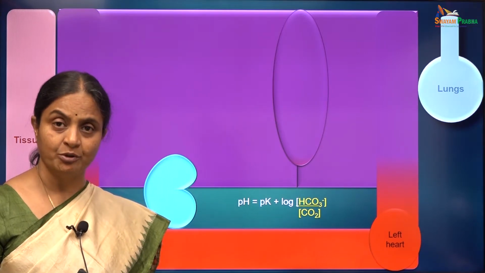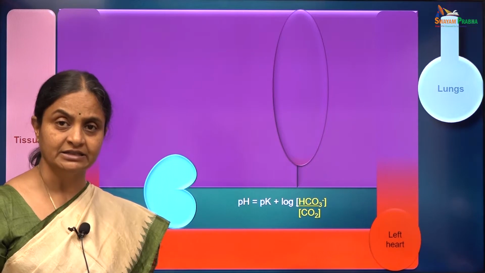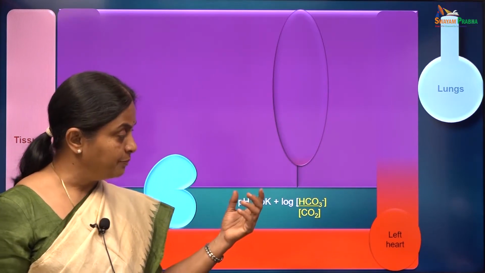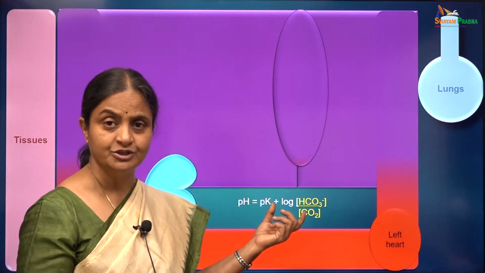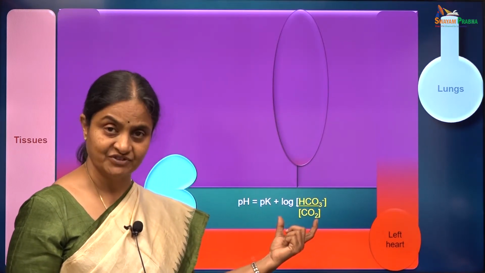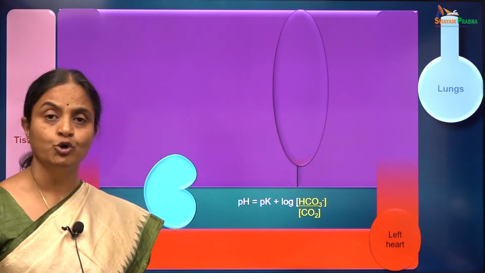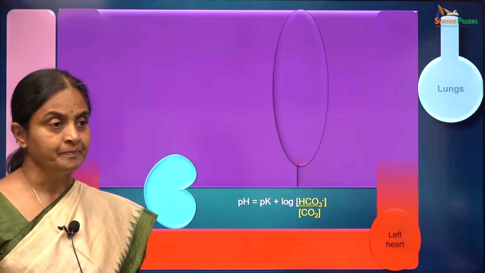Hemoglobin does not create problems, and therefore we will not discuss it any further for clinical considerations. The buffer system that can go into pathological states is the bicarbonate carbon dioxide buffer system. That is the major buffer system in the extracellular fluid, hemoglobin being intracellular.